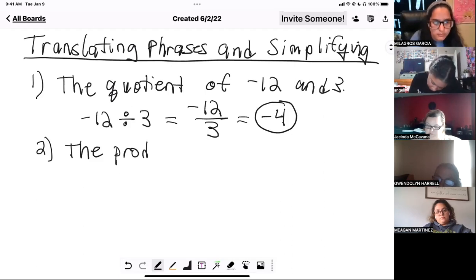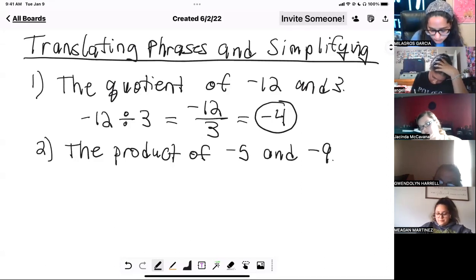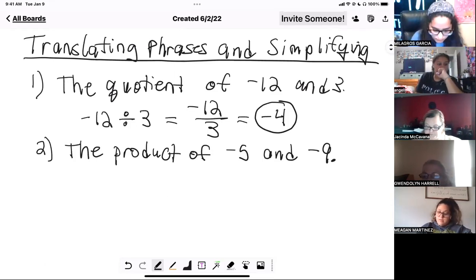The product of -5 and -9. A product means multiplying. Again, different ways to write it.